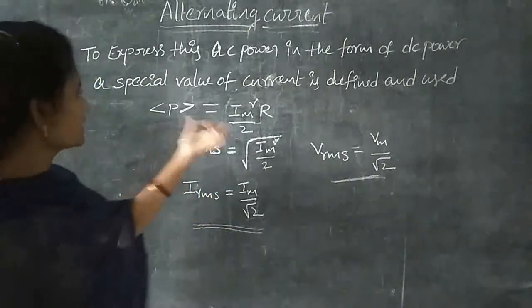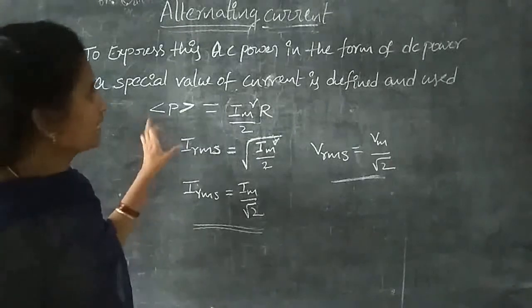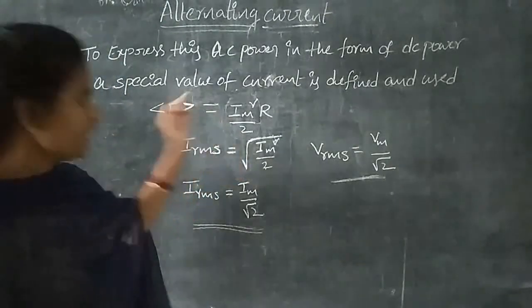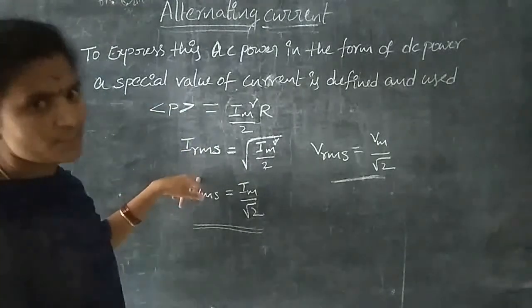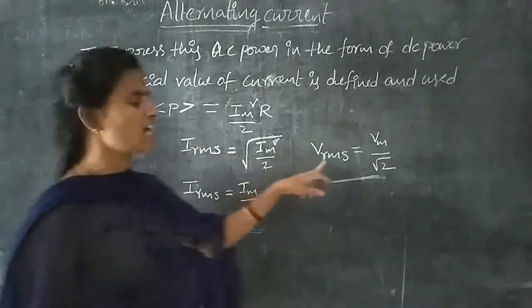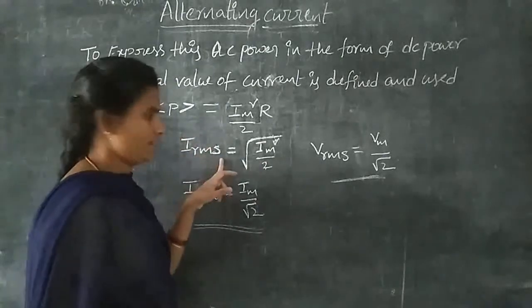So this is in the form of AC power. AC power we can write in terms of DC. In the form of DC, some special terms are used, and those special terms are nothing but IRMS and VRMS. IRMS is known as root mean square.